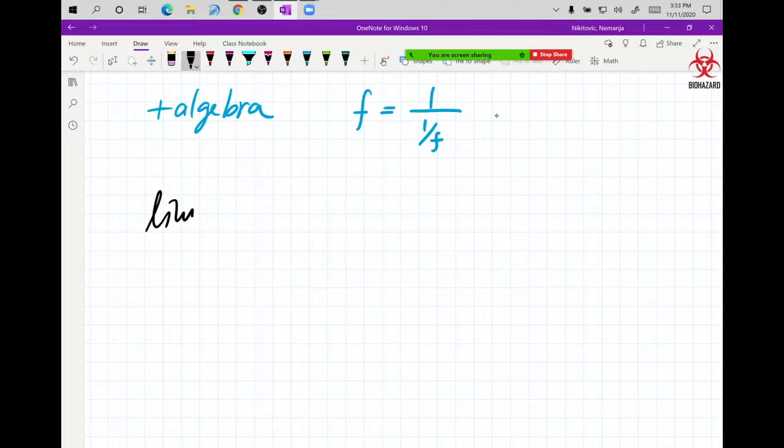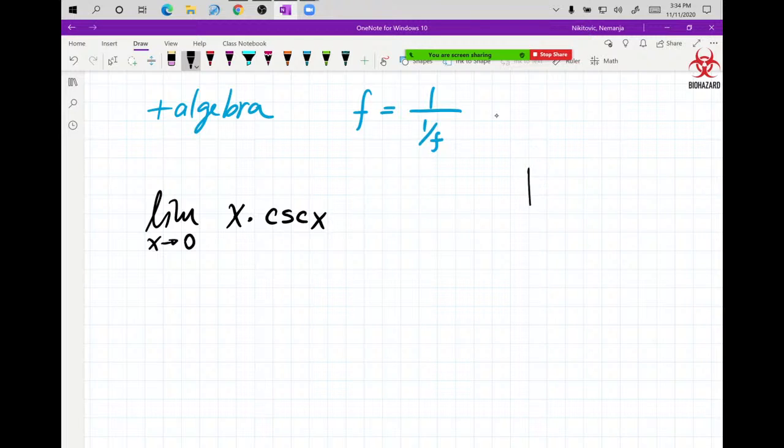So, limit as x goes to 0 of x times cosecant x. Okay. Now let's take a look at the cosecant graph and decide what's happening at 0.